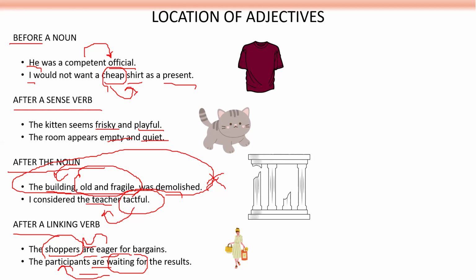Are waiting. But i-discuss natin yan later when we talk about verbals because verbals are verbs that function as adjectives. It's not complicated, guys. But yes, try one more sentence using this example after a linking verb. Okay? Okay, go.